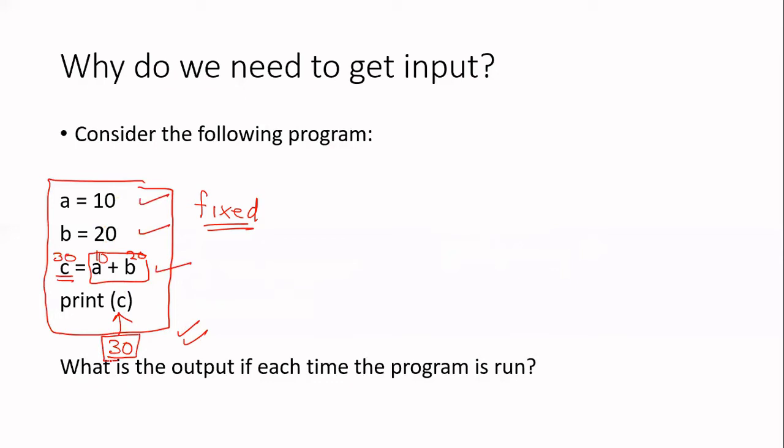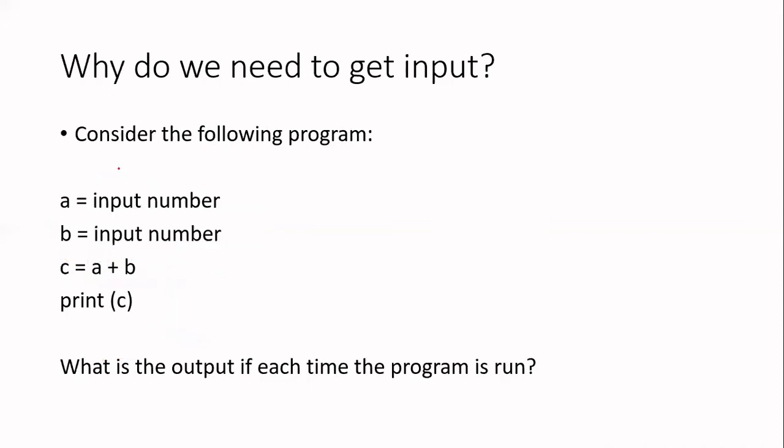So how can we make the segment more flexible so that each time I run it, I can use my own values and those values can be summed up? So in this instance, we now get input from the user.